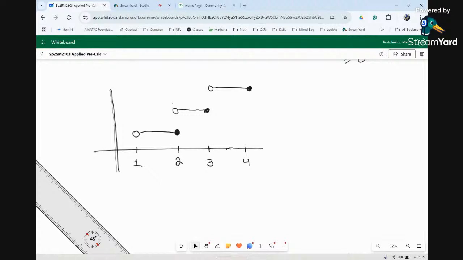This is an interesting looking graph. I'll give you a minute to copy it down and digest what we're looking at. While you're sketching it, I will tell you this is actually called a step function because it looks like a set of steps.